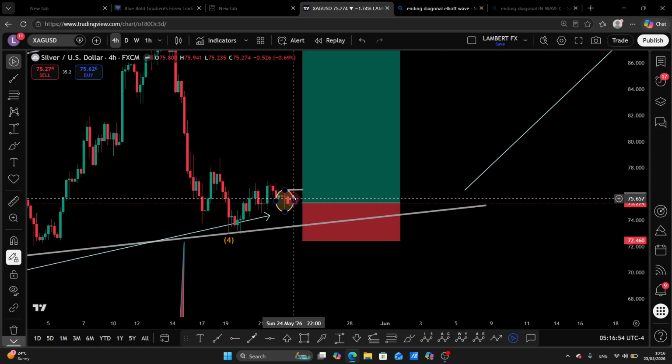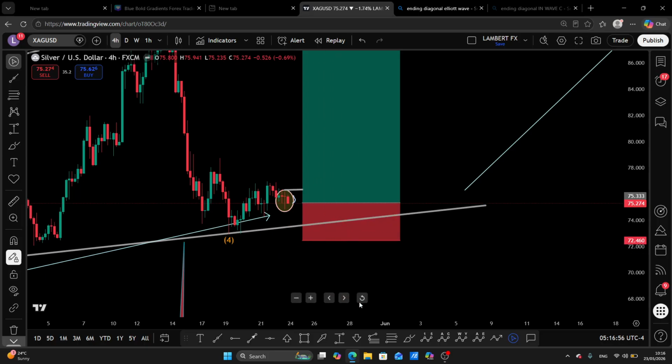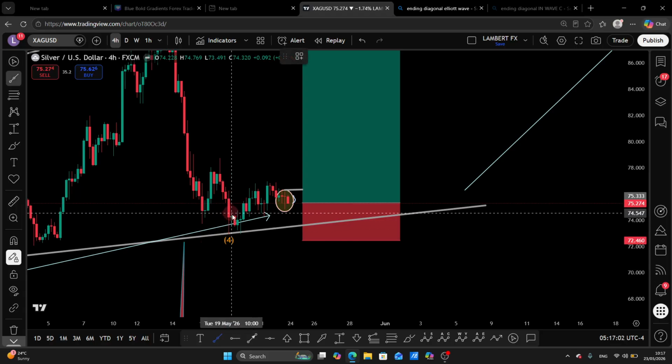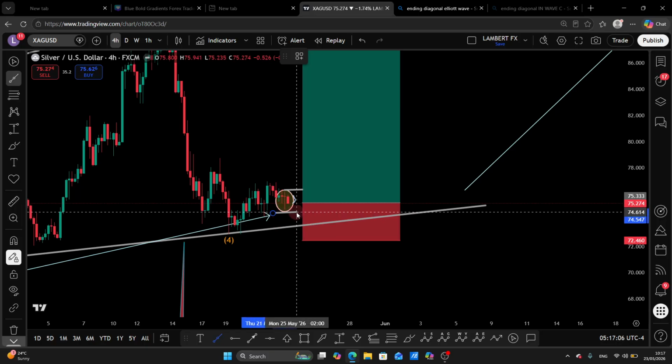For your stop loss, you may want to put it below the pin bar, which I wouldn't advise, but it depends on how small or how big your account is, or what your risk tolerance is.